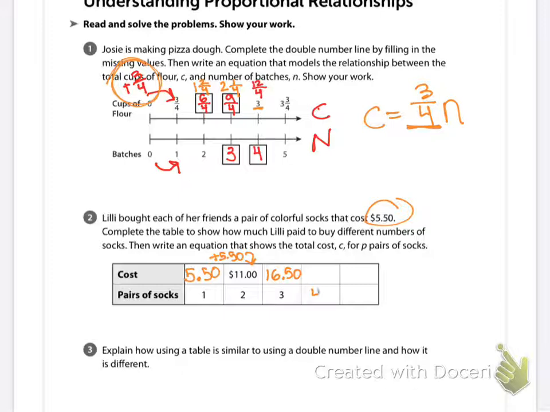And when she buys 4 pairs of socks, she's adding $5.50 again. So $16.50 plus $5.50 is going to give us $22. You guys are right.